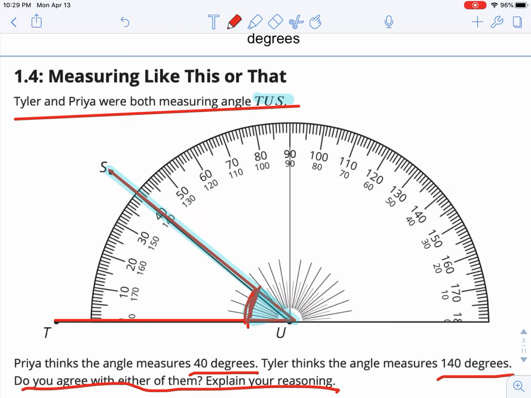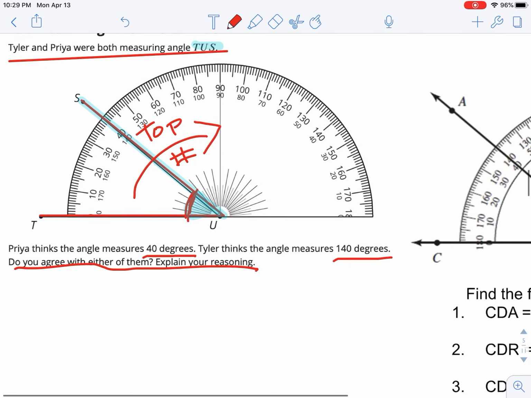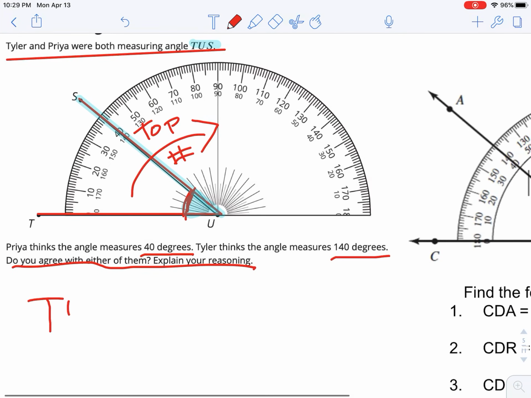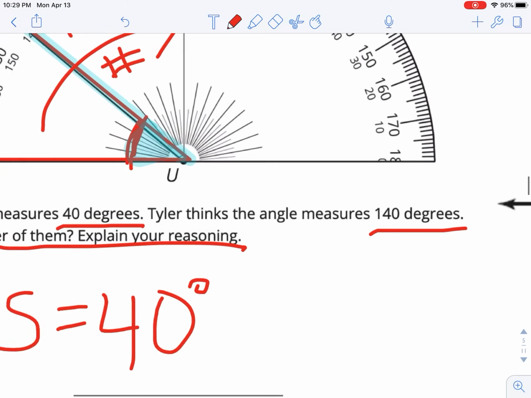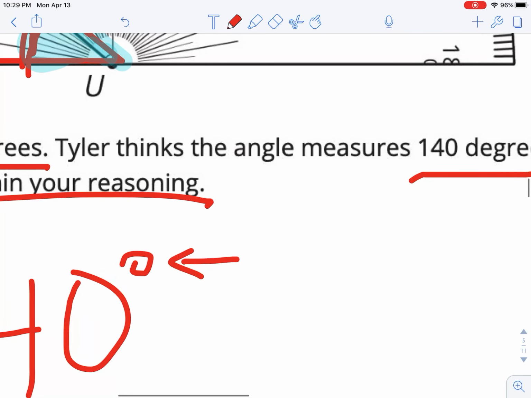Well, it depends which way you're going. If you're going this way, you read the top number. So TUS would equal 40 degrees. This little circle right here means degrees.